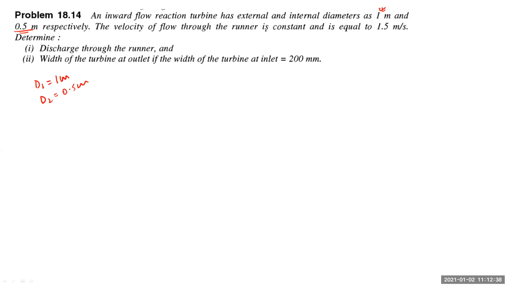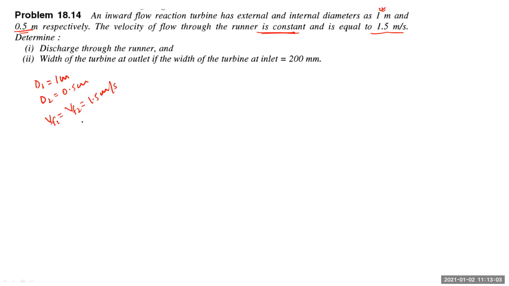The velocity of flow through the runner is constant and equals 1.5 meter per second. It is constant throughout, it is written here. Constant means Vf1 equals Vf2 equals 1.5 meter per second.